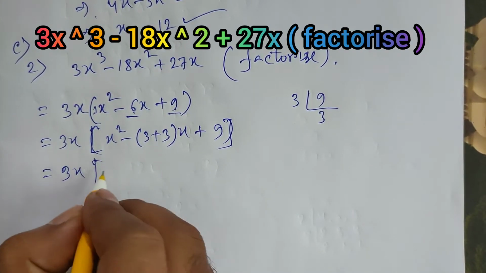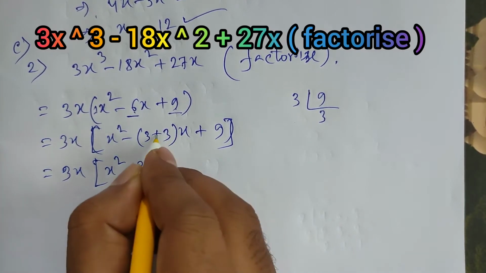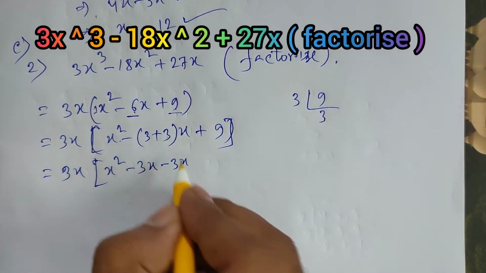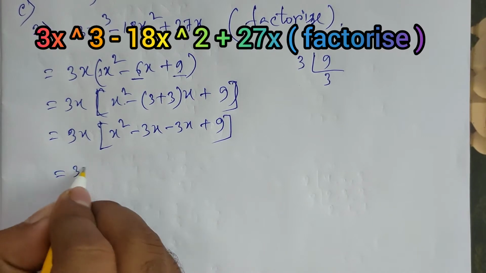Then x square minus 3x, plus and minus also will be minus 3x, 6 multiply 3, that means 3x, plus 9, equal to 3x.